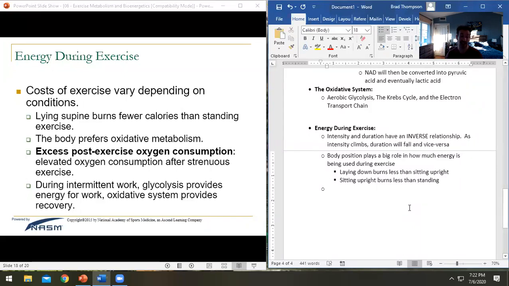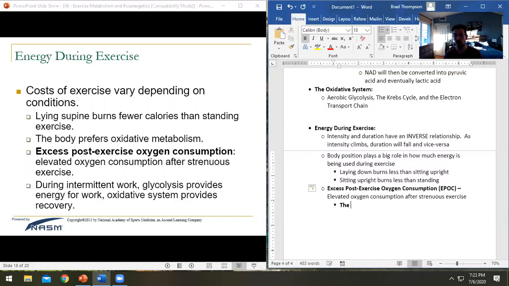All right, lastly, this whole PowerPoint has been building to my favorite concept. In the world of working out, one of my favorite concepts is EPOC, excess post-exercise oxygen consumption, which is elevated oxygen consumption after strenuous exercise.